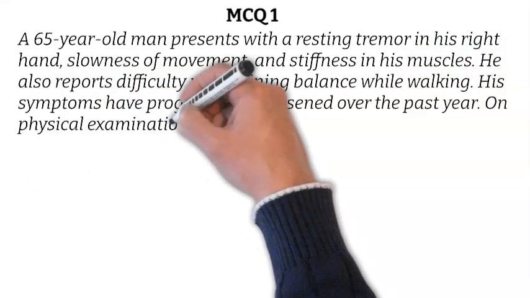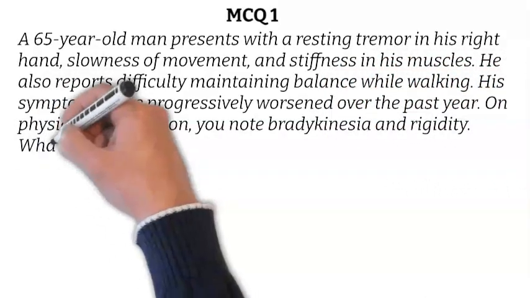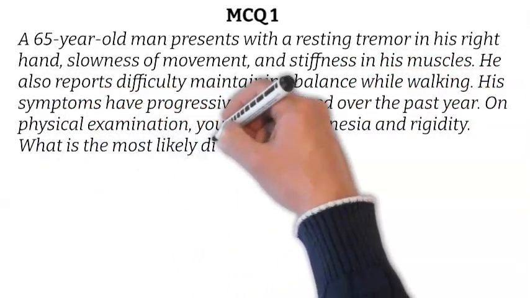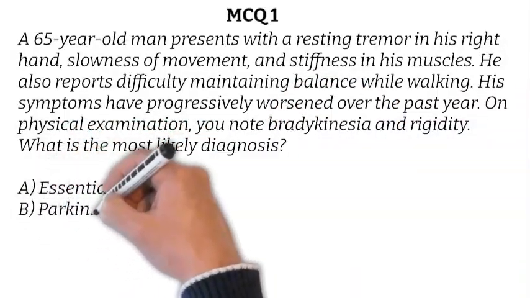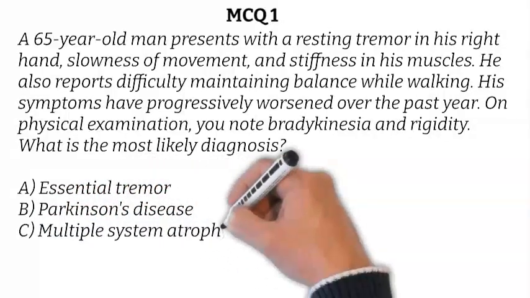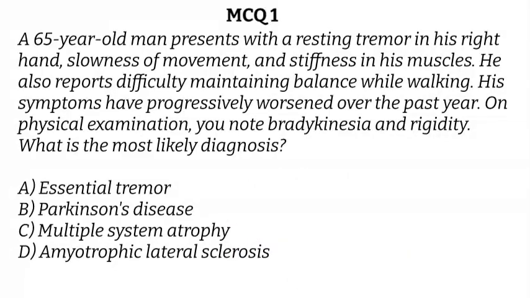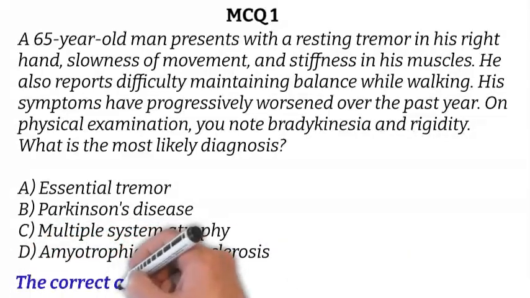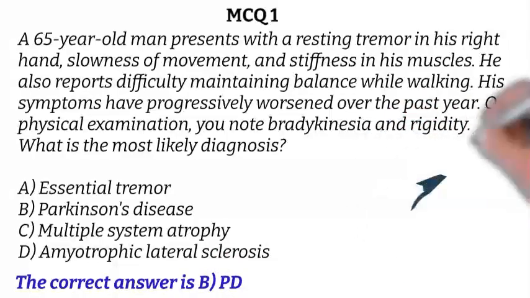On physical examination, you note bradykinesia and rigidity. What is the most likely diagnosis? Is it essential tremor? No. Is it Parkinson's disease? Yes. Is it multiple system atrophy? No. Is it amyotrophic lateral sclerosis? No. The correct answer is B, Parkinson's disease.